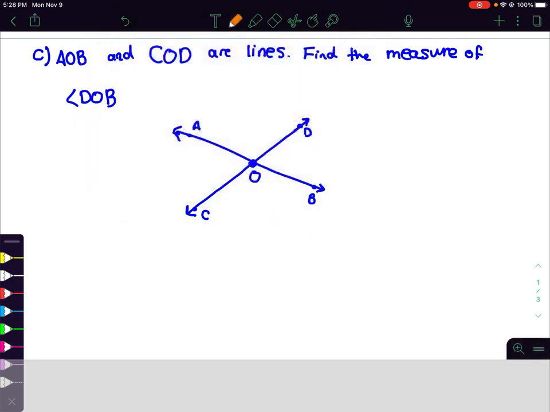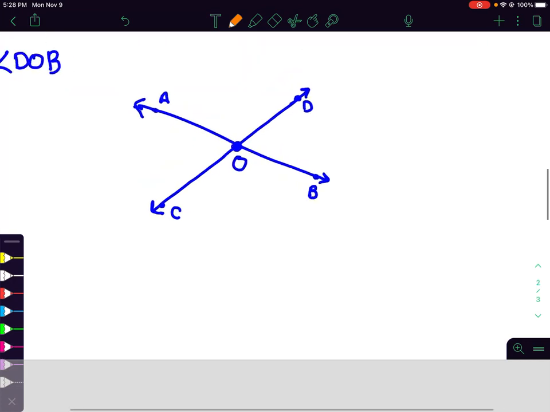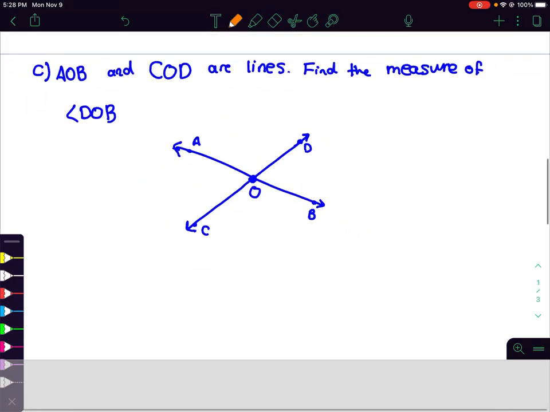So I'm going to punch in the numbers. It's telling me, first of all, the angle AOC is given in the question and it's 65 degrees. So this one given is 65. And the question is asking us to find angle DOB. This is the missing one.